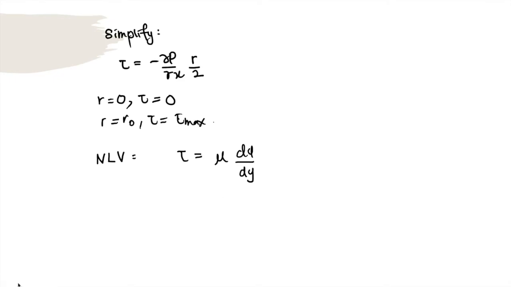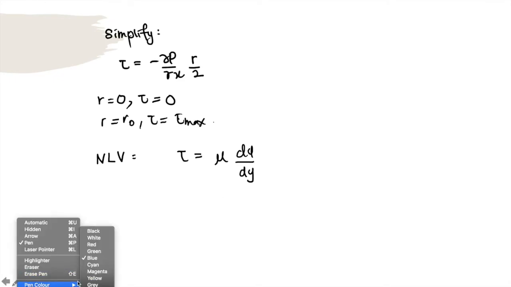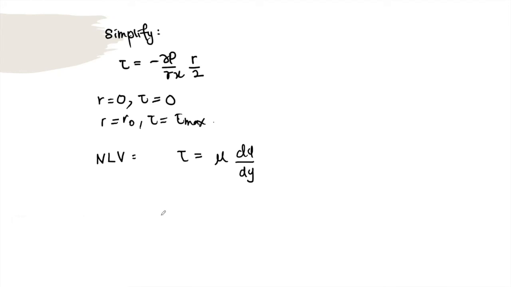From this, we can substitute dy. As y increases, r decreases. Therefore, dy equals negative dr. So substitute this into this equation.